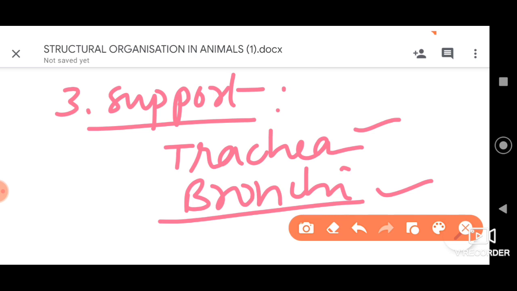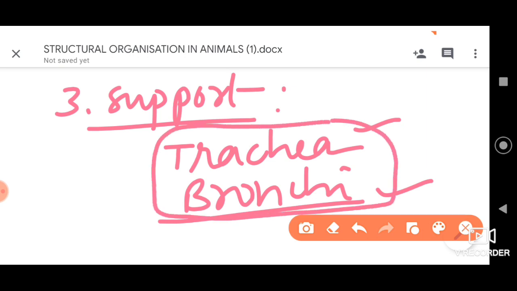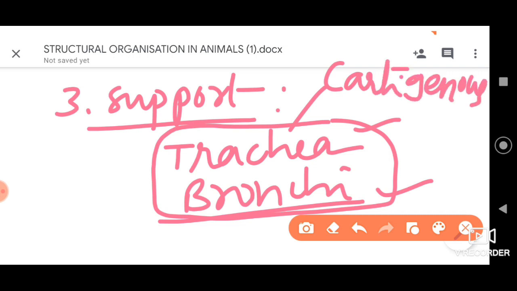They provide support by cartilaginous rings. They have cartilaginous rings in the trachea and bronchi. Through these cartilaginous rings, they provide support to the trachea and bronchi.